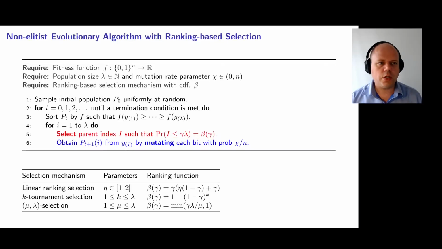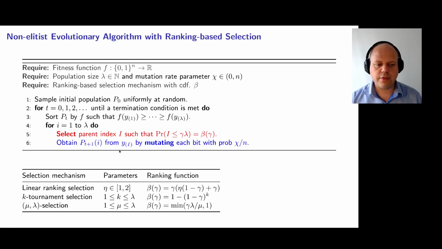So we now consider a class of non-elitist evolutionary algorithms. This algorithm uses a ranking-based selection mechanism. We describe this in a very general form. We imagine that the algorithm has a function beta, which is a cumulative distribution function.